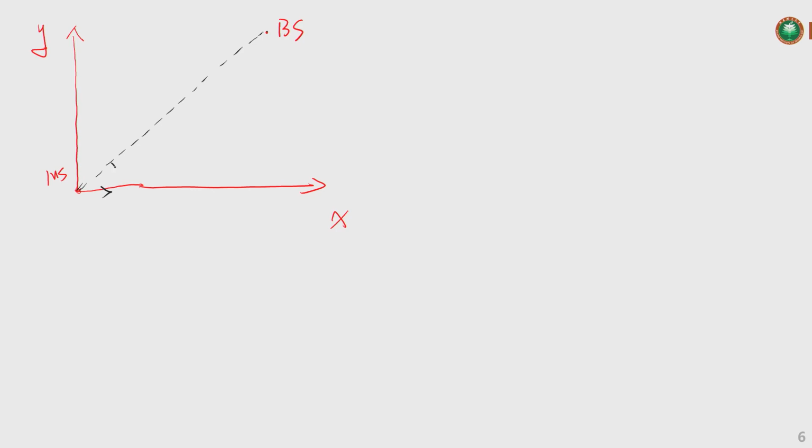Now we replot it, and this is R, and this is the origin point. We assume that delta L equals lambda over f times cosine alpha, right?